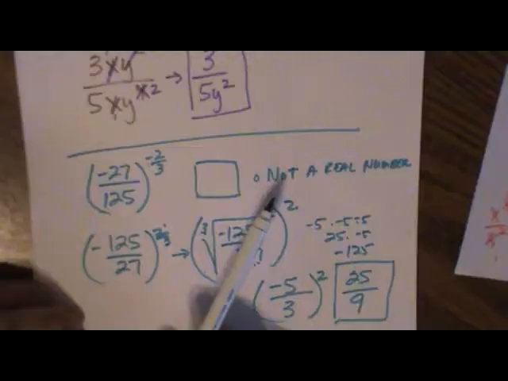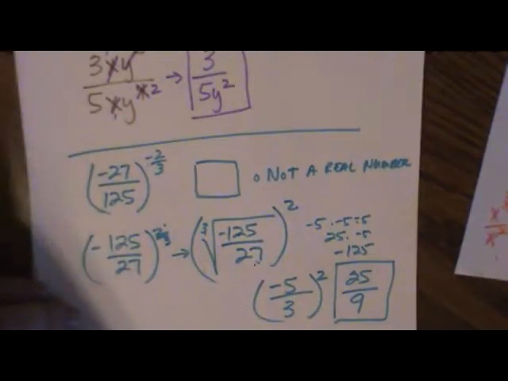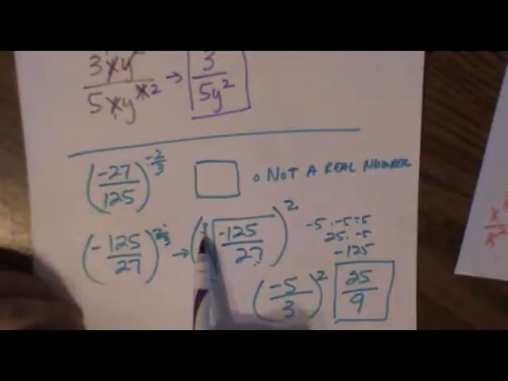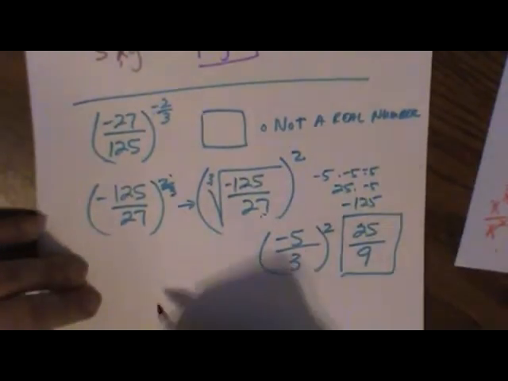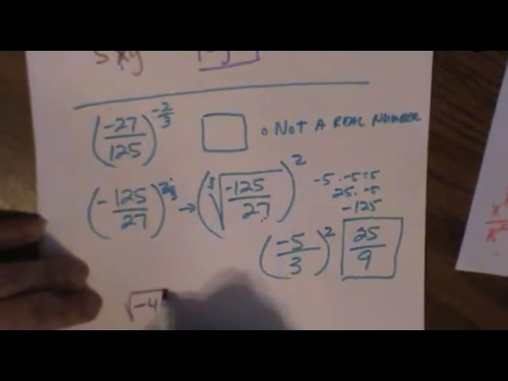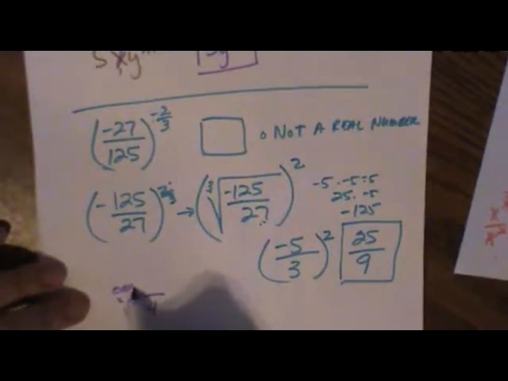However, you're going to run into situations where, like I said, odd roots are safe with negatives inside the root. When you're not safe is when you have a negative inside an even root. This one's 2, so it's an even root.